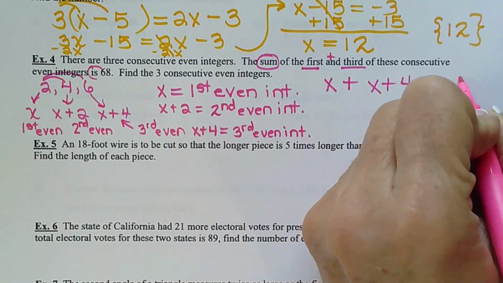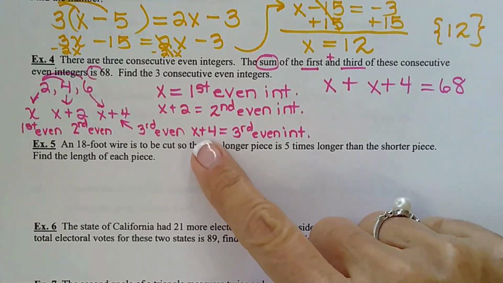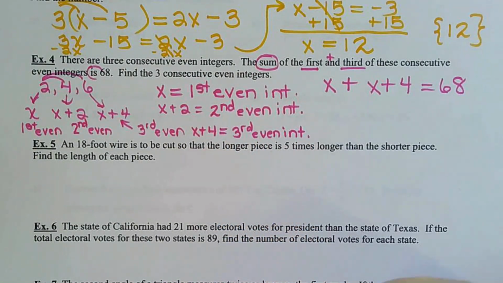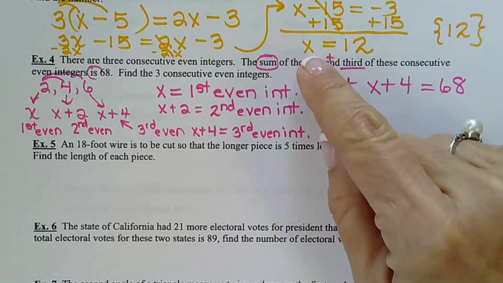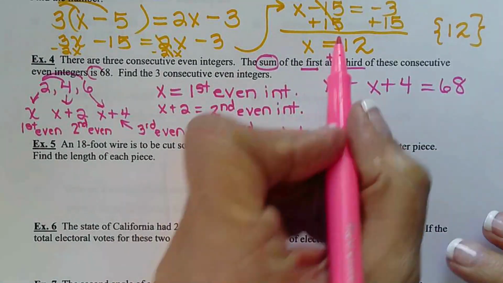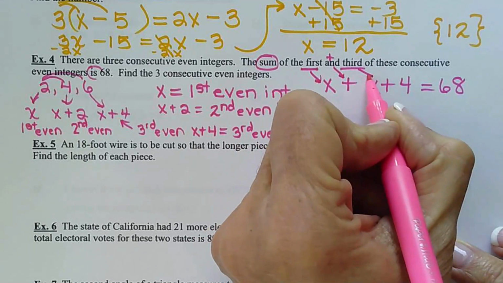And do you know what's really weird? When I put this on a test, so many students miss it because they write x plus 4 equals 68. And I'm saying, where did it say the third integer equals 68? It didn't say that anywhere. They forget to add the x in front. So you bring down the first, then the plus sign, then the third.